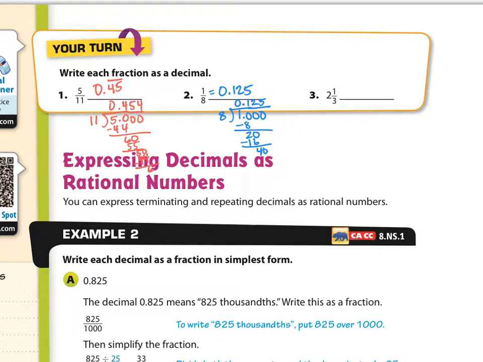Number 3, 2 1/3. Hopefully you know that in the ones place there's a 2. So when I write my decimal, I can automatically write 2 point and then figure out what that something is. So 1/3 means 1 divided by 3. And 1/3 is something that I would like for you to memorize because it's one that's used pretty often. 3 goes into 1 0 times, but it goes into 10.